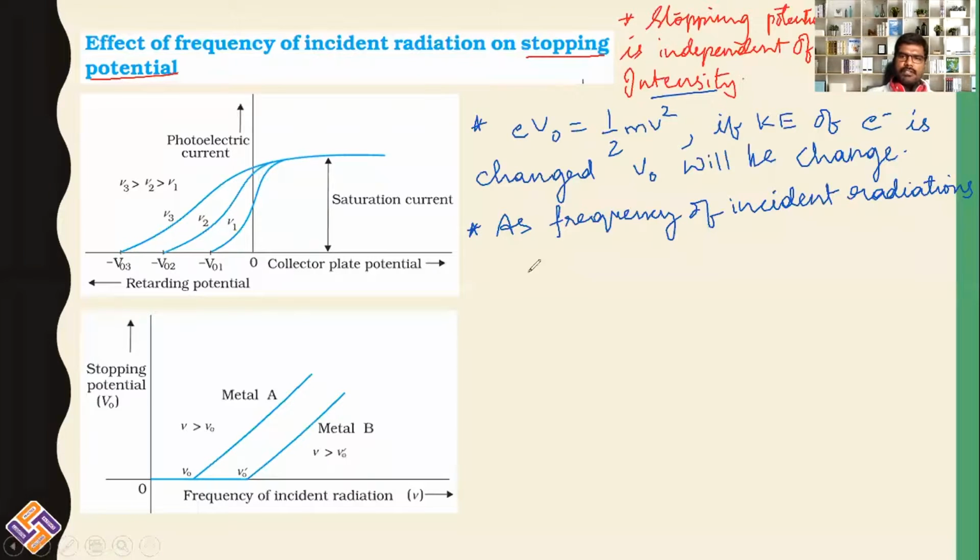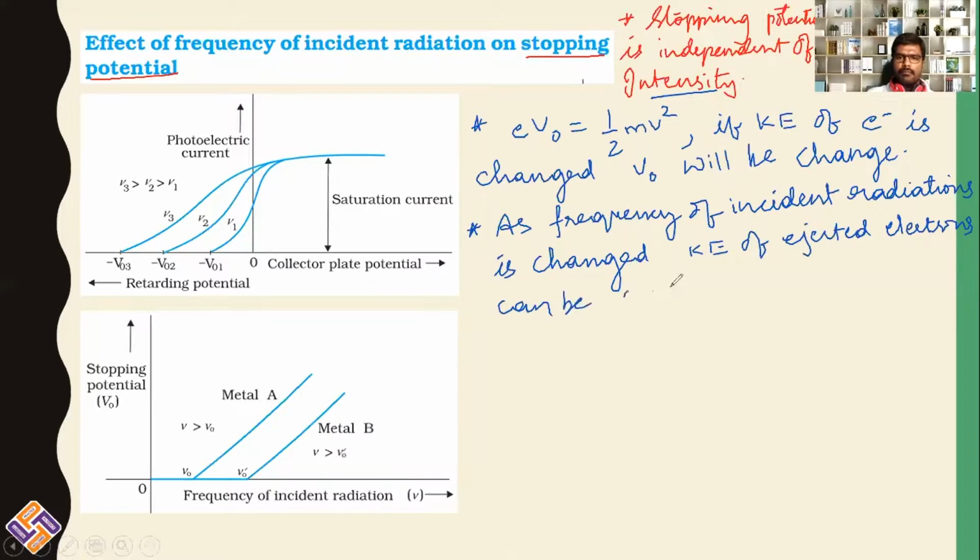As the frequency of incident radiation is changed, the kinetic energy of ejected electrons can be changed. Therefore, to change stopping potential, we change kinetic energy, and to change kinetic energy, we change the frequency of incident radiation.